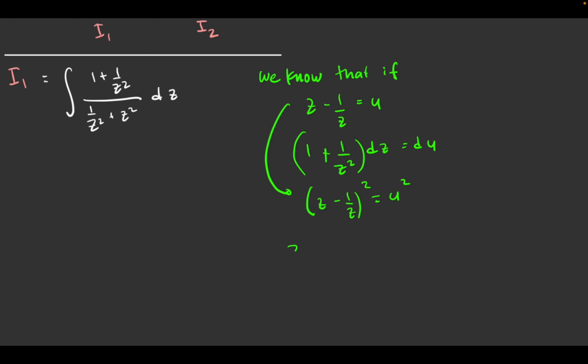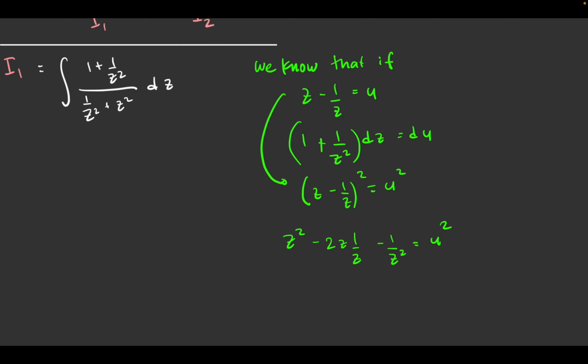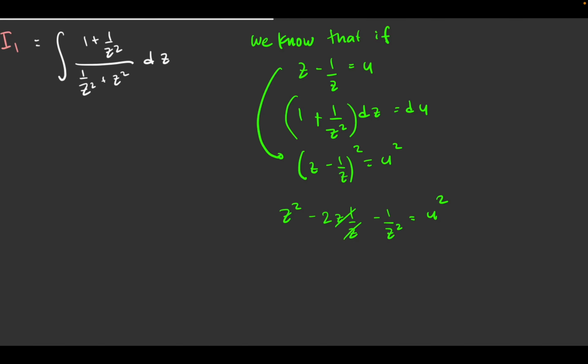So, this becomes z squared minus 2z times 1 over z plus 1 over z squared equal to u squared, which is just basically z squared minus 2 plus 1 over z squared. So that means z squared plus 1 over z squared, sorry, minus 2 is equal to u squared. Okay? Plus 2 pa pala ako.